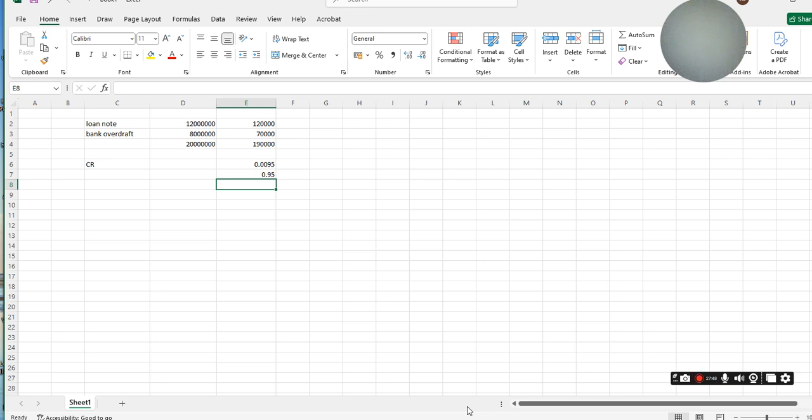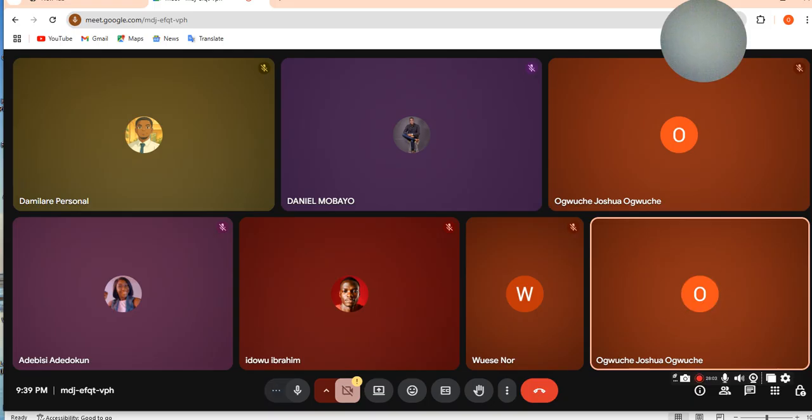IAS 23 is very short and straight to the point. The only technicality about it is this general borrowing, which we have tried to do justice to in respect of the capitalization rate, right?